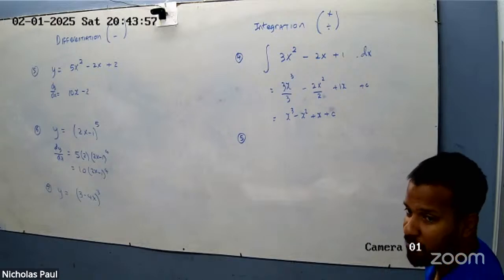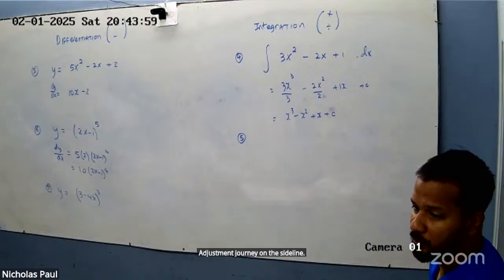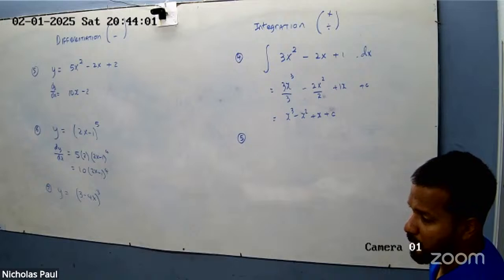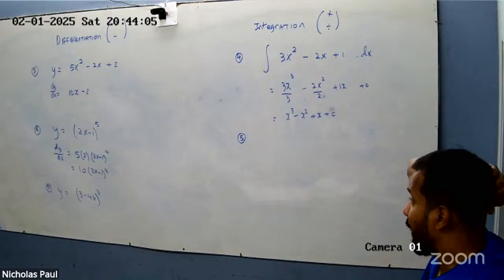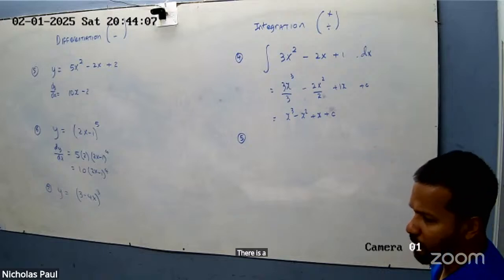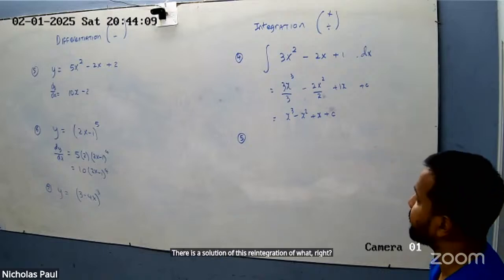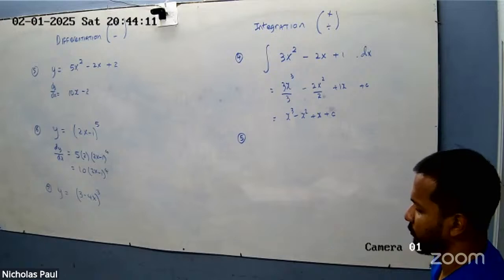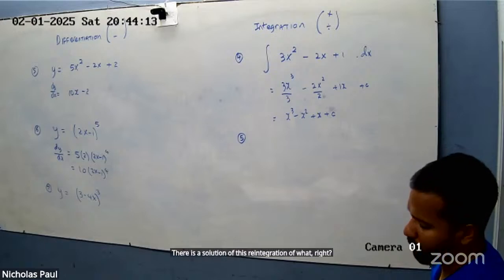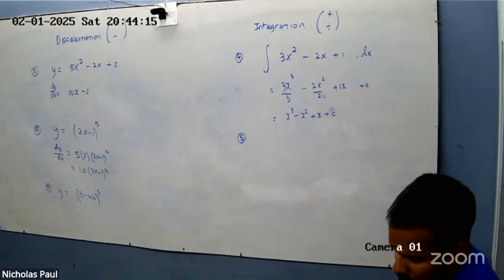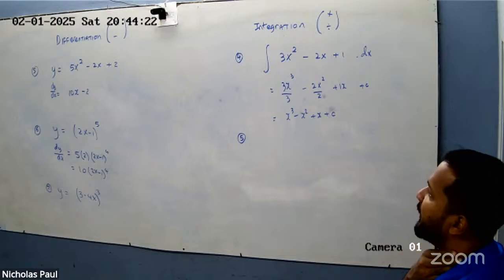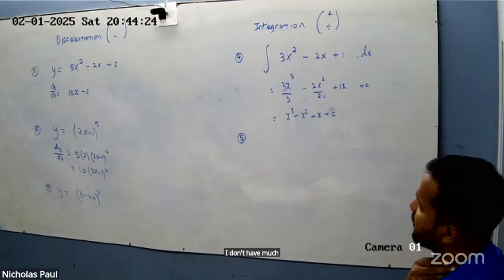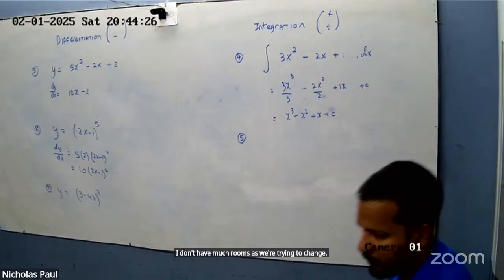Number 7. Right, there is a version of this for integration as well, right? Integration doesn't have as many rules as differentiation. Well, in book 5.